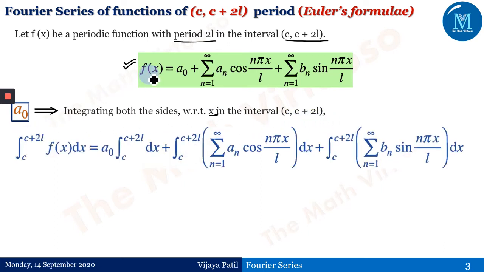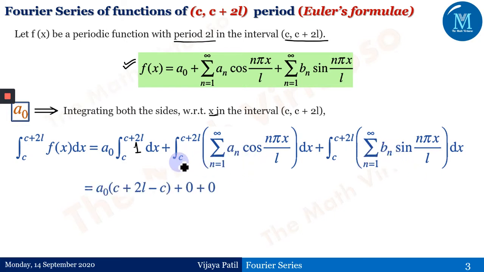This is the LHS part: integration c to c plus 2l of f of x dx is equal to a0, which is a constant, times integration c to c plus 2l dx, plus integration c to c plus 2l summation an cos of n pi x by l, plus integration c to c plus 2l summation bn sine of n pi x by l dx.